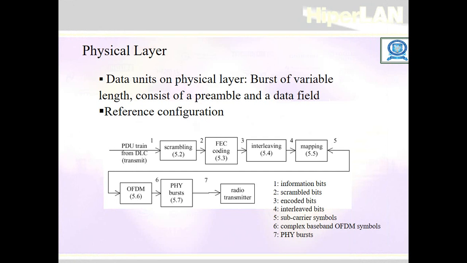Then it has mapping and modulation. OFDM modulation is followed; OFDM means orthogonal frequency division multiplexing technique. Then we have the physical burst and the radio transmitter, which transmits the signals.